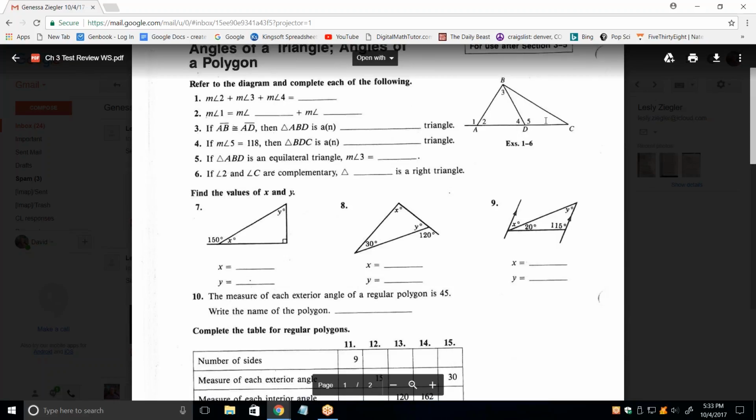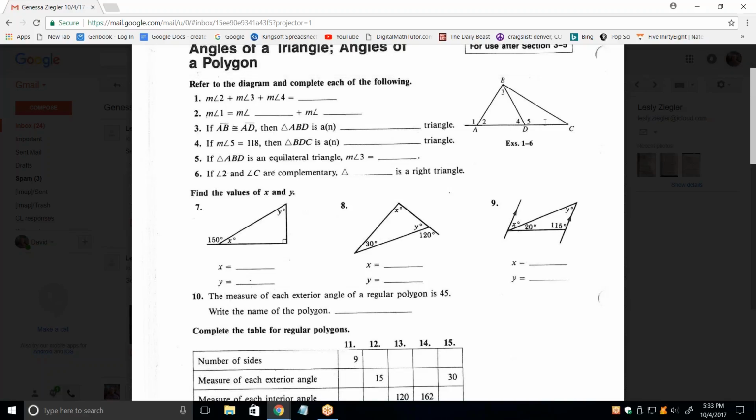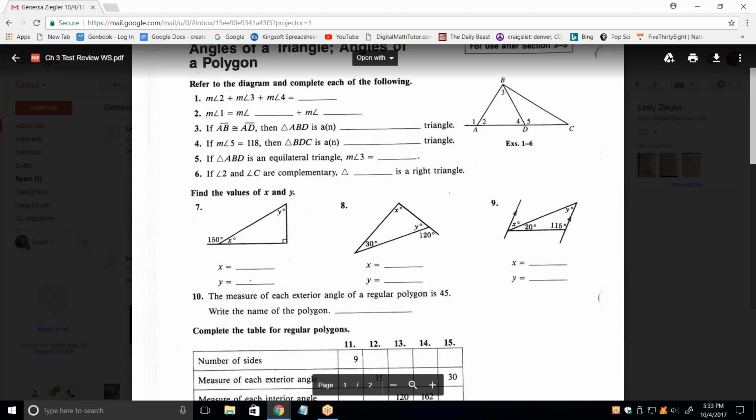I don't know what else we could say about that triangle. We don't know if that triangle is isosceles. We don't know if it's, whatever the name is when all three sides are different, scalene. Whether it's scalene or not, the one thing we do know is that it's obtuse.